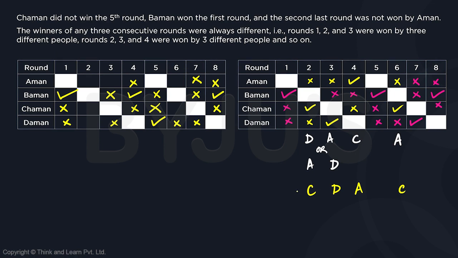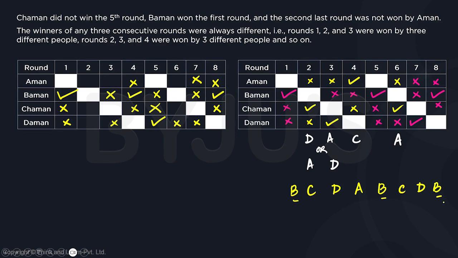The possibility being B wins the 1st round, C wins the 2nd, D wins the 3rd, A wins the 4th, B again wins the 5th, C wins the 6th, D wins the 7th, and again B wins the 8th. So B wins 3 rounds overall and nobody else did.